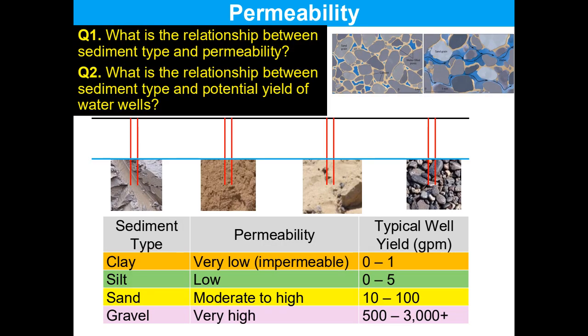So what is the relationship between sediment type and permeability? If you look here, for example, we have sediment, clay. It has very low permeability. It's impermeable. Silt has low permeability. Sand has moderate to high permeability.